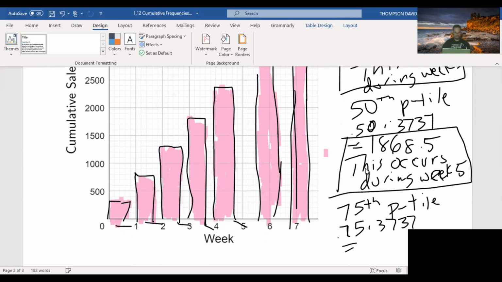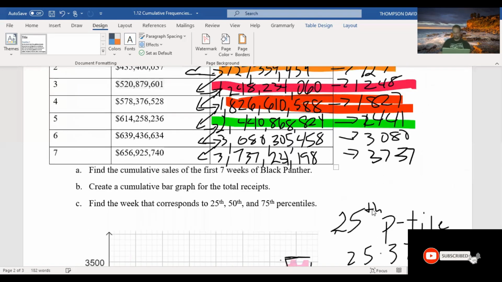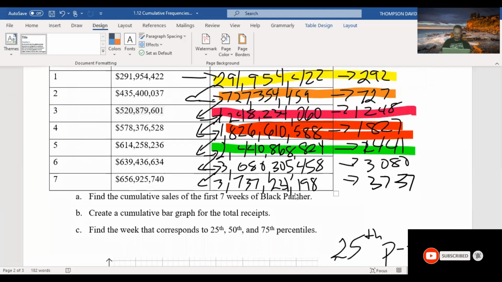And that gives me 2,802.75. So now we need to find the 2,802.75. So at the end of week 5, we're at 2,441.